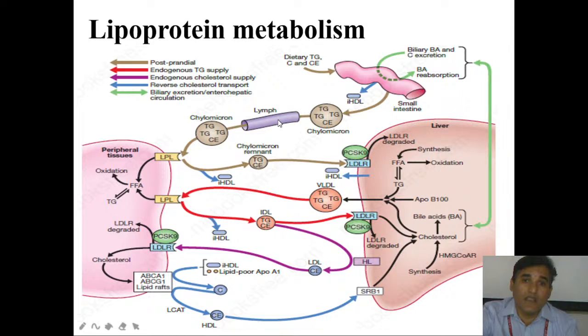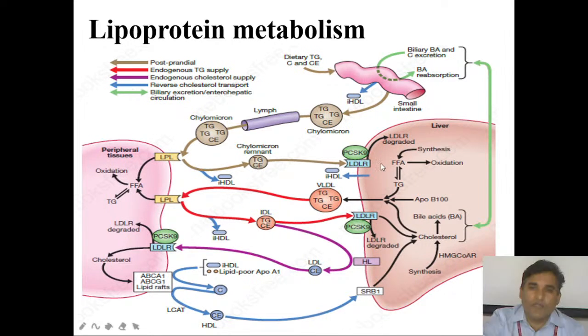This chylomicron gets absorbed through the lymph, and in the systemic circulation there is lipoprotein lipase. It degrades the triglyceride into cholesterol ester, and what remains is the chylomicron remnant, which is a major source for the liver. It gets transported into the liver by the LDL receptor.